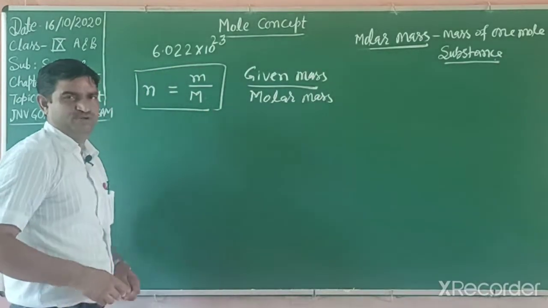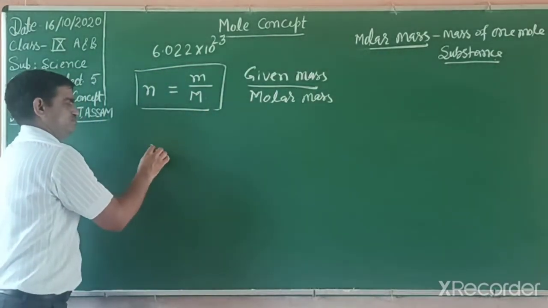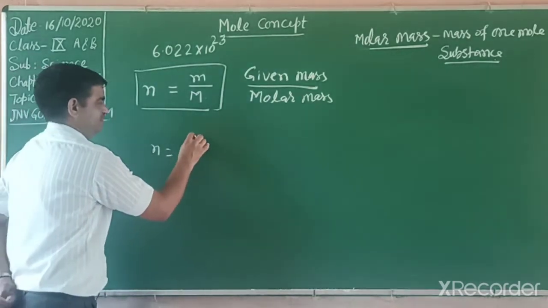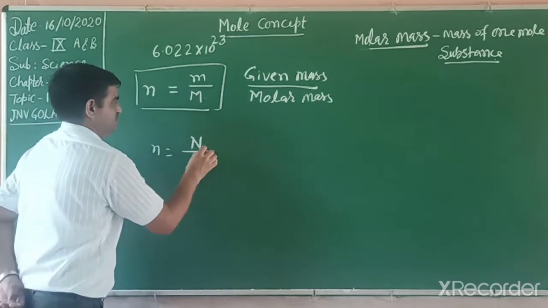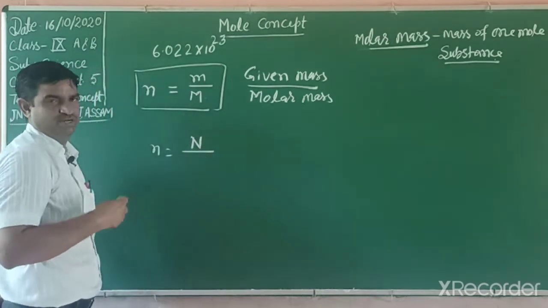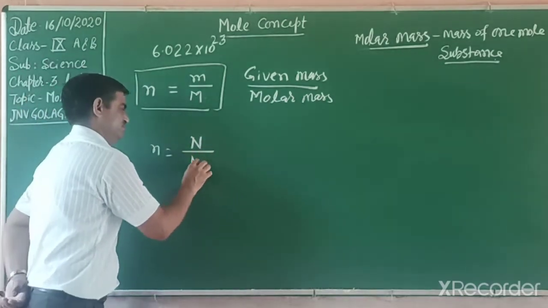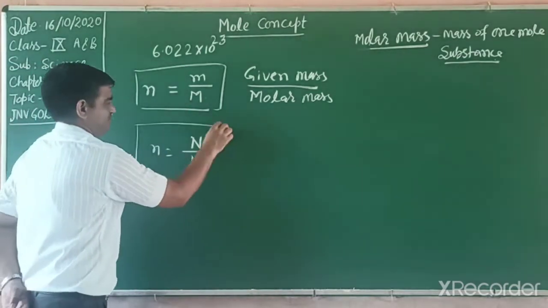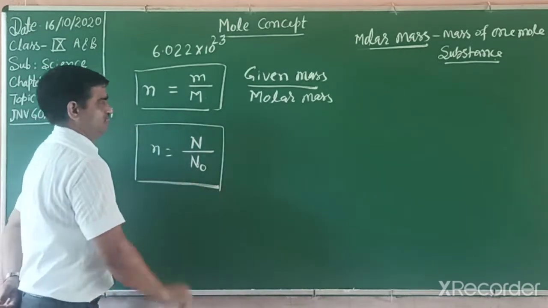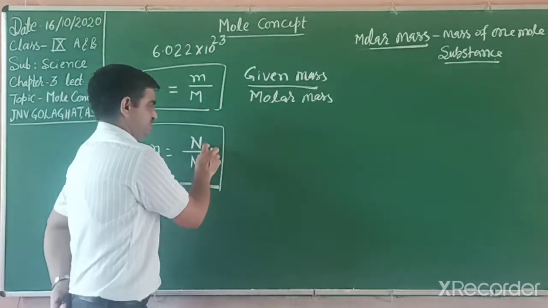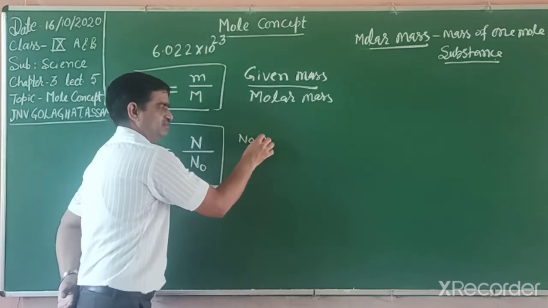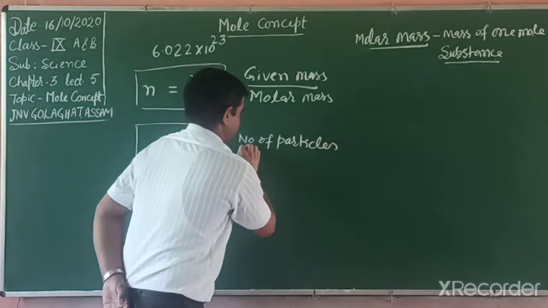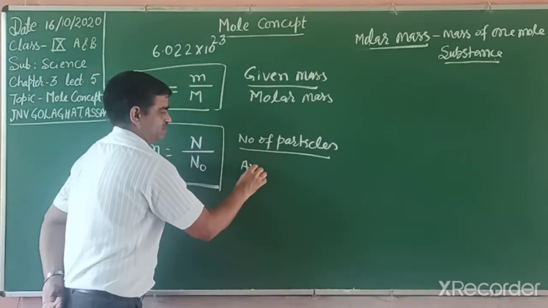We have another formula also. n is equal to number of particles. If you are given the number of particles, that is represented by N, and the Avogadro constant or Avogadro number is known as N0. That is a fixed number. So we can find the mole by this also: number of particles divided by Avogadro number.